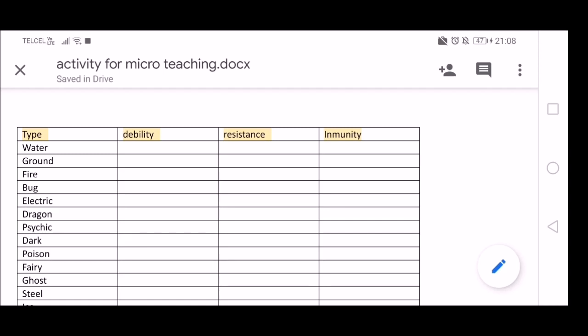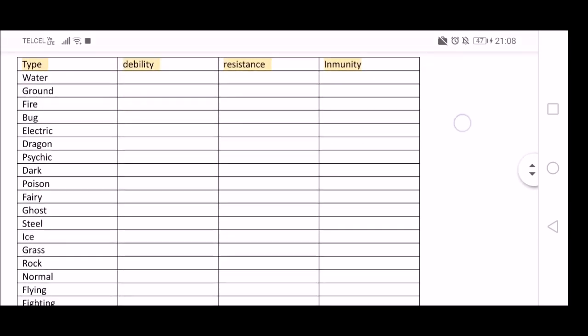Something that I would explain in the class also is that not all the types have immunities, and that's why I decided to make the table like that, because I want to make sure that they pay attention. For example, we can believe that something that is super effective against another type is resisted by it, but not all the time. Sometimes it has neutral damage, and there are some where the damage is effective against the other and vice versa. So they would have to pay attention.